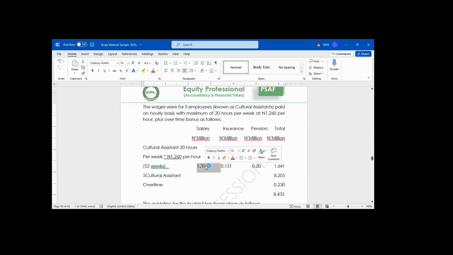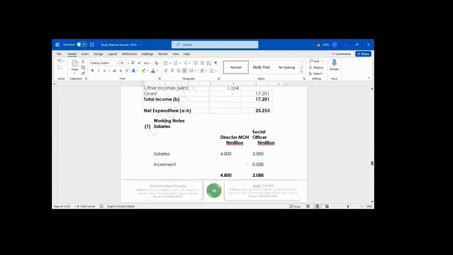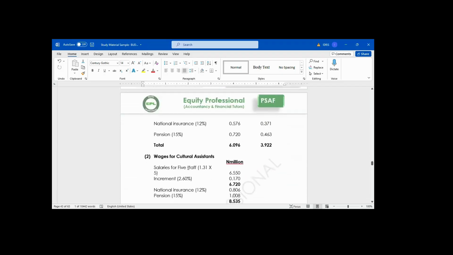If I want to make it for 5 staff, I will times it by 5. So wages for one staff, 1.31, times 5, means for 5 staff is 6.550.